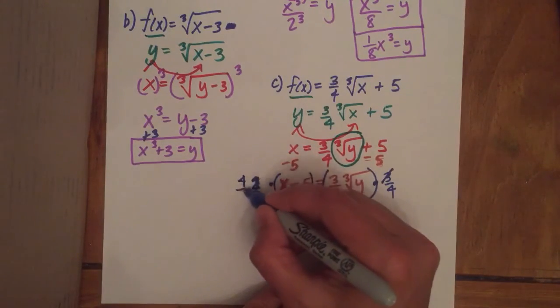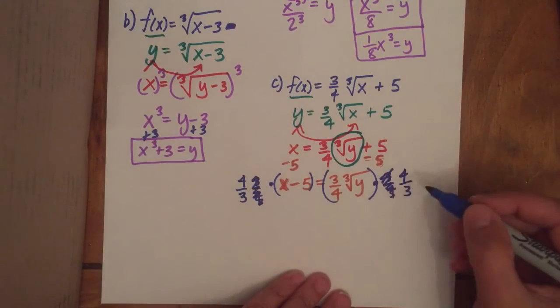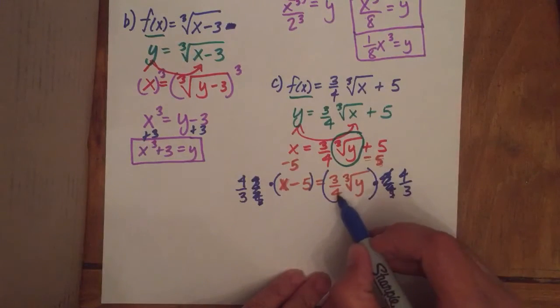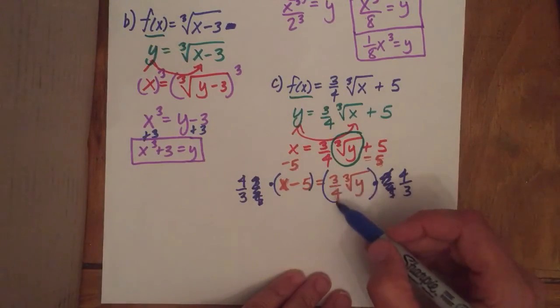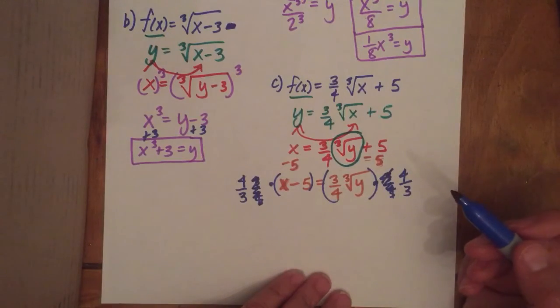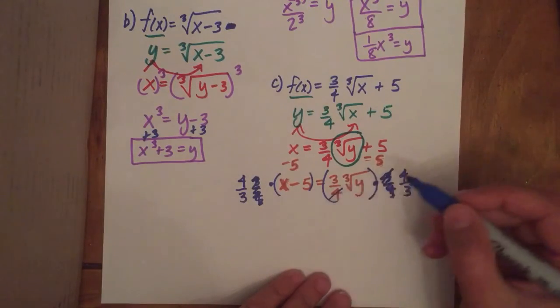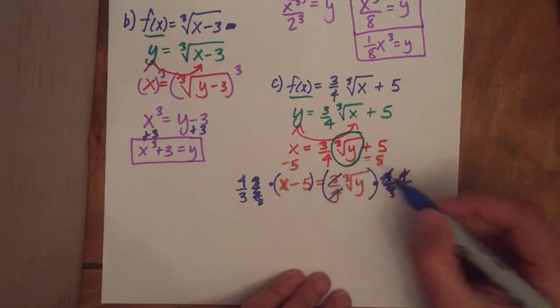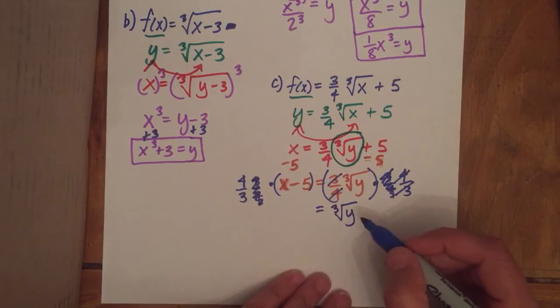That's what happens when you film these things at midnight. So that's 4/3. You multiply by the reciprocal of what you're trying to eliminate. Now, if this were just 1/4, then we could just multiply both sides by 4, because you wouldn't have to write out 4/1. But what this creates now is the 4 and the 4 reduce, and the 3 and the 3 reduce. So I'm just left with cube root of y on this side.